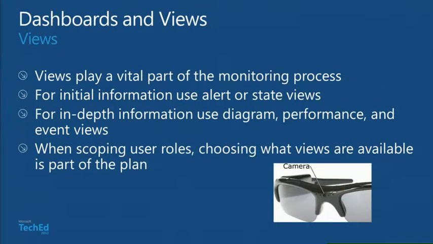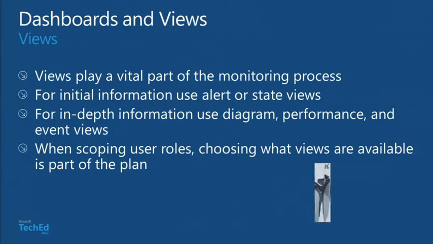They're critical because that's your first source of information when you're looking into the Ops Manager console. When you scope your user roles, that is really the information that you want to restrict so that people get useful information that they can react on very quickly and not become overloaded with information that comes through the console and then not know what to do with it, or you don't have a process defined around that, right?